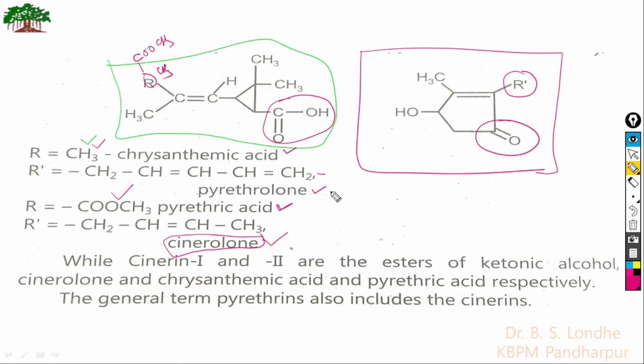So we can say cinerin 1 and cinerin 2 are the esters of the ketonic alcohol cinerolone and chrysanthemic acid and pyretric acid respectively. The general term pyrethrin also includes cinerins.